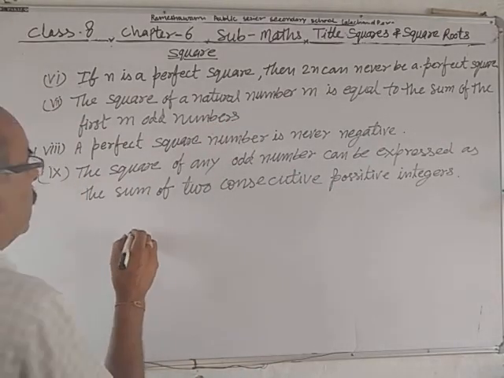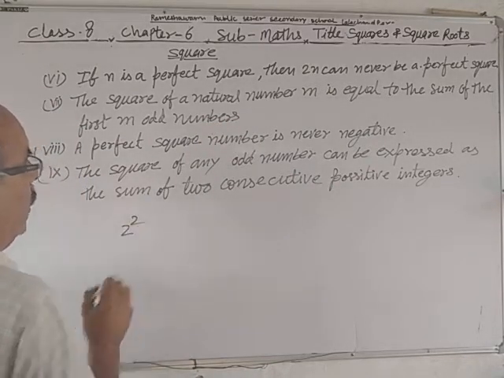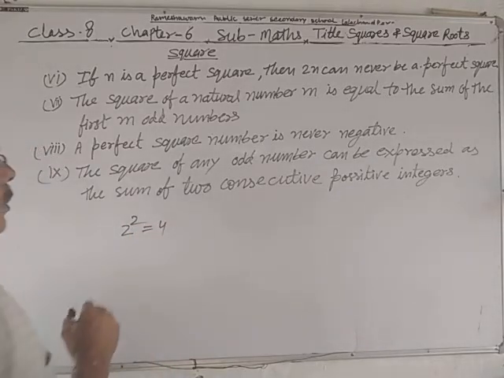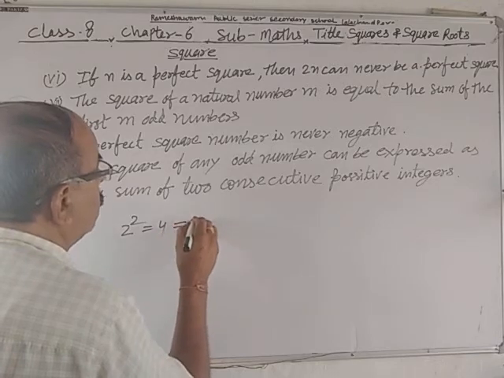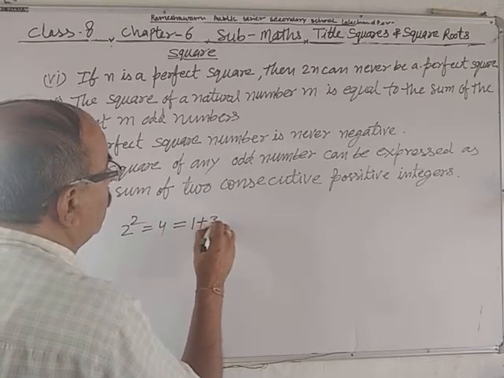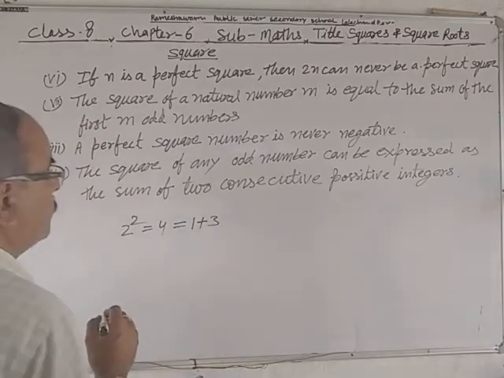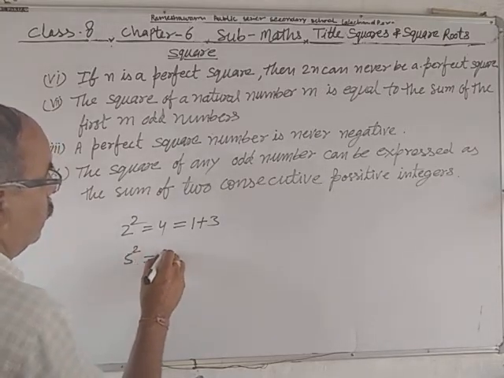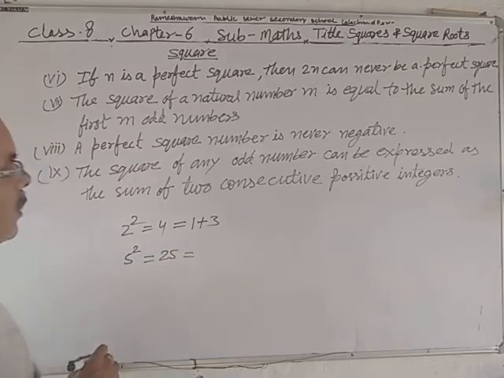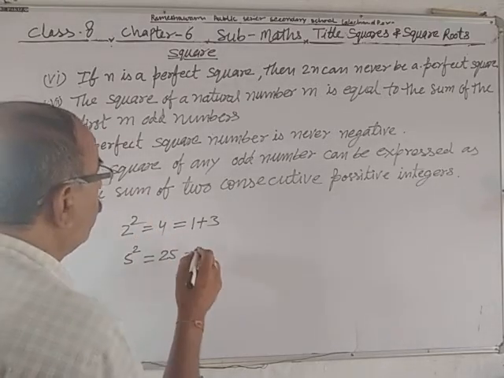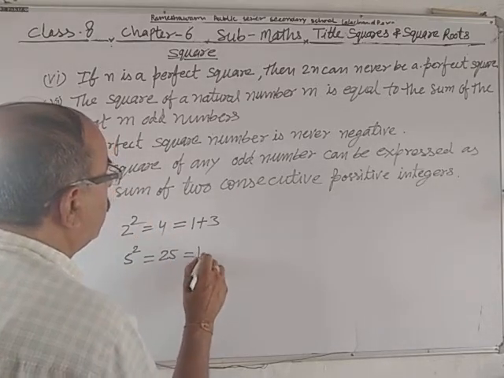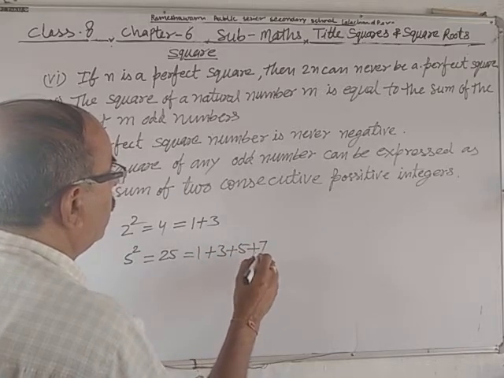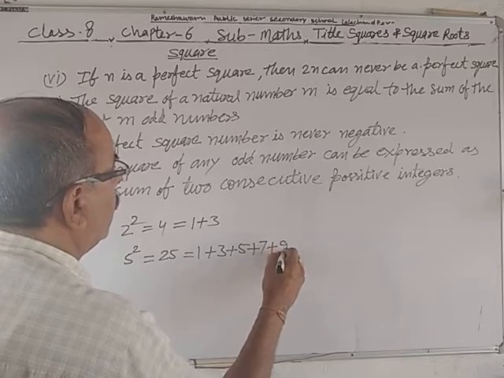It means 2 squared equals 4, the sum of the first 2 odd numbers. 5 squared is 25, the sum of the first 5 odd numbers: 1 plus 3 plus 5 plus 7 plus 9.